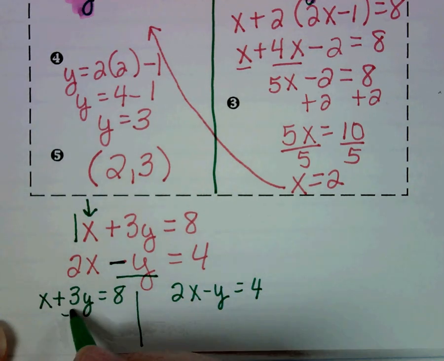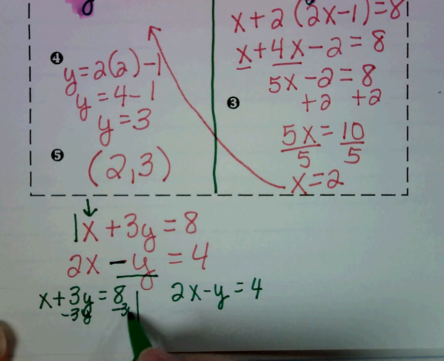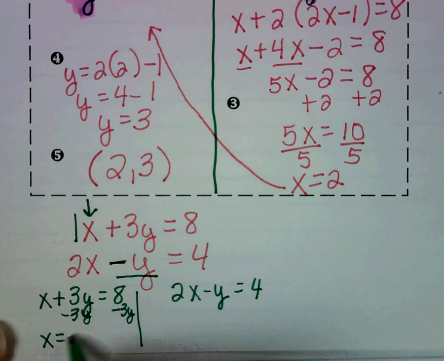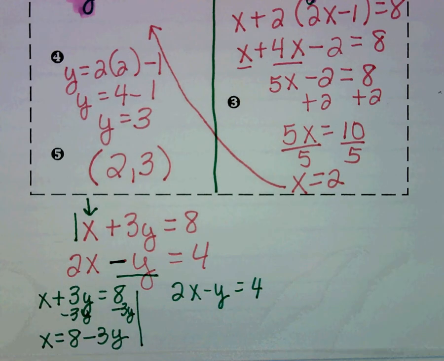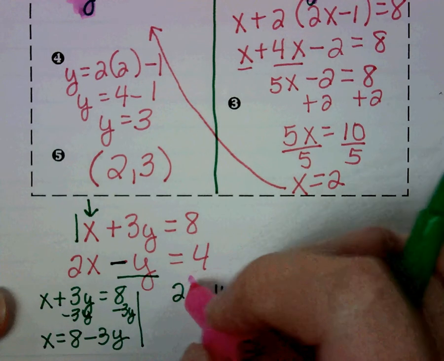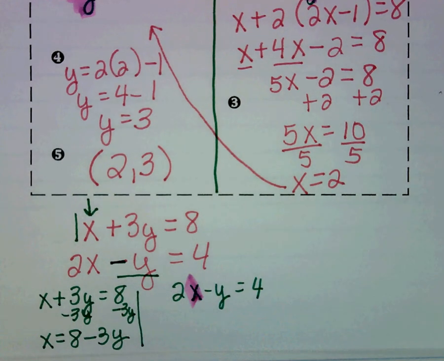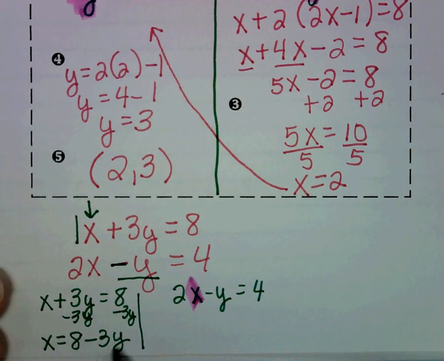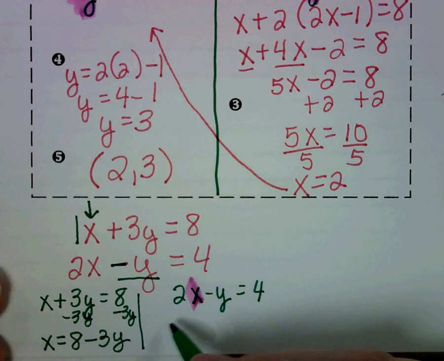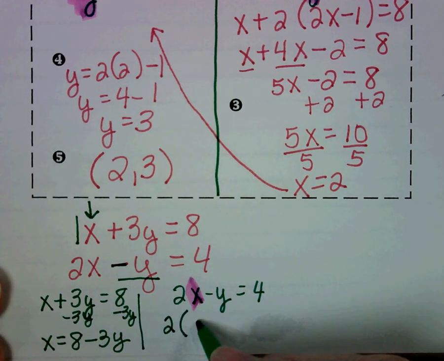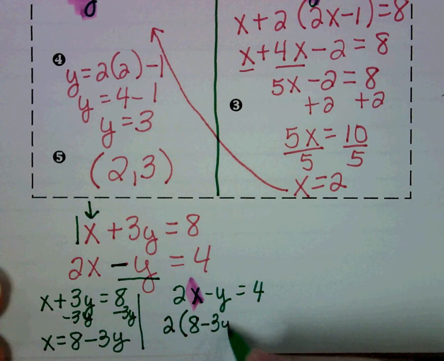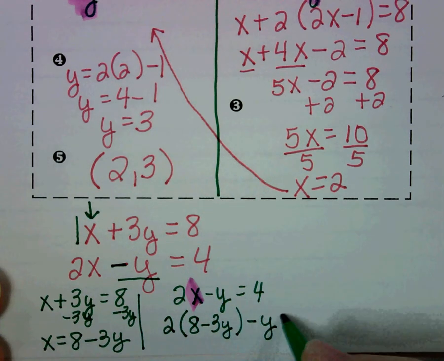So I'm going to have to subtract 3y. So it'd be x equals 8 minus 3y. And so now I would go over here to this other equation, and this time I'm going to substitute in 8 minus 3y for x. So 2 times (8 minus 3y) minus y equals 4.